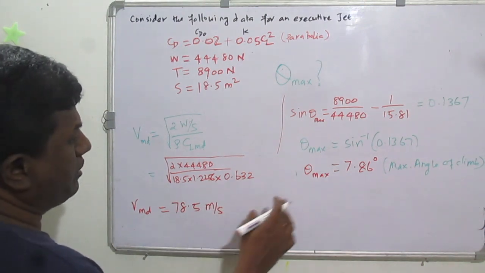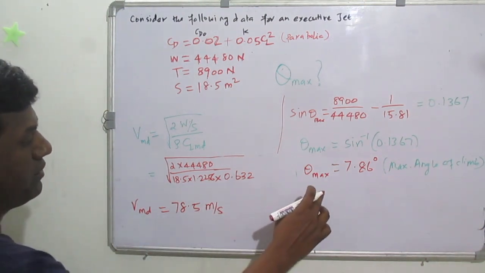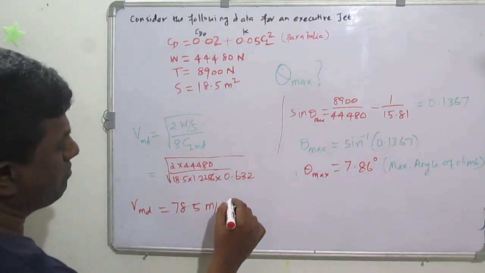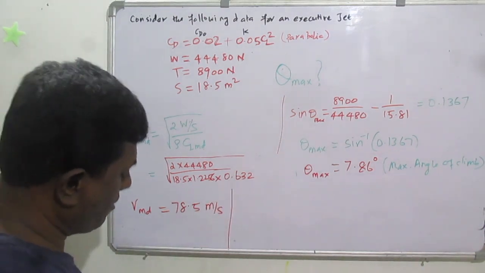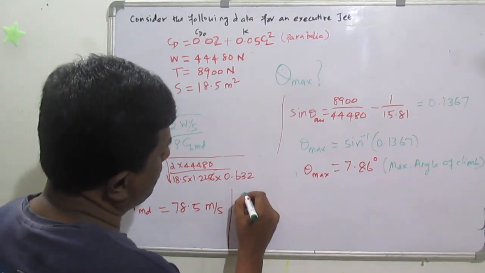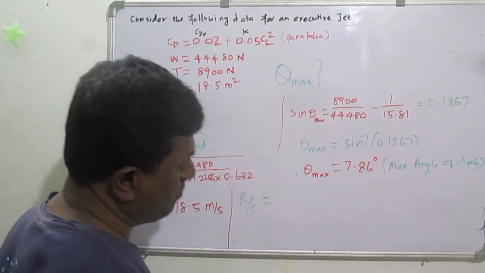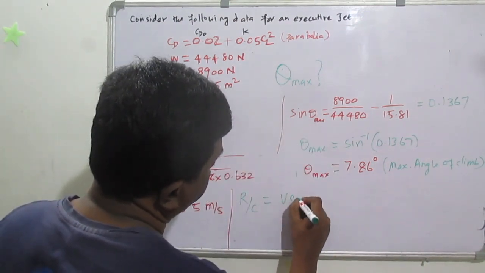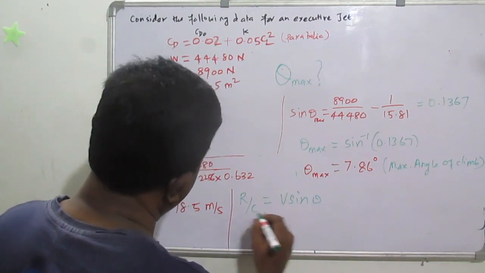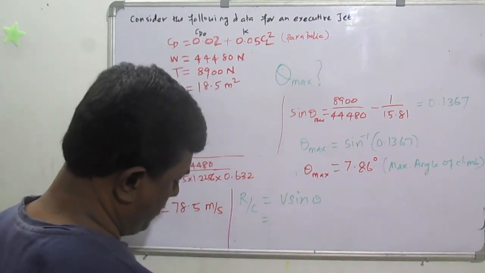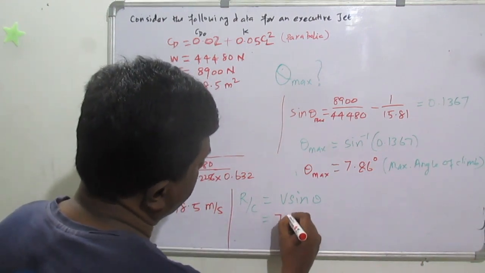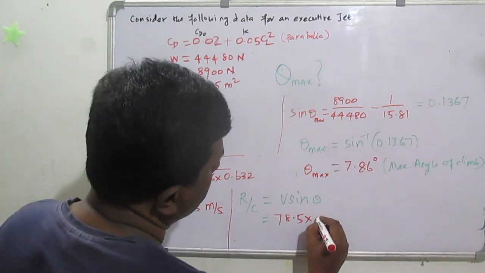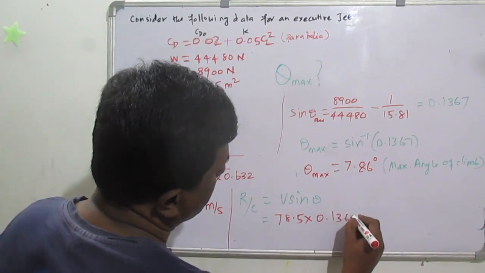So we got theta max, and now we can find the rate of climb. The rate of climb for the minimum drag condition equals V sin theta, where V is 78.5, so 78.5 into sin theta, 0.1367.